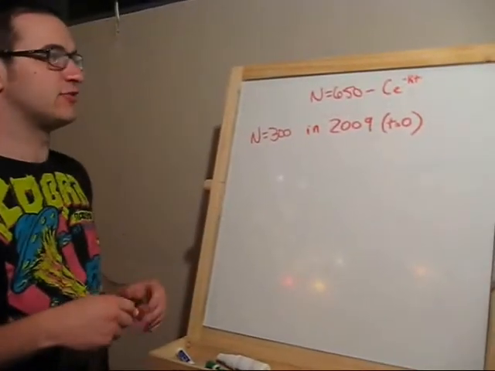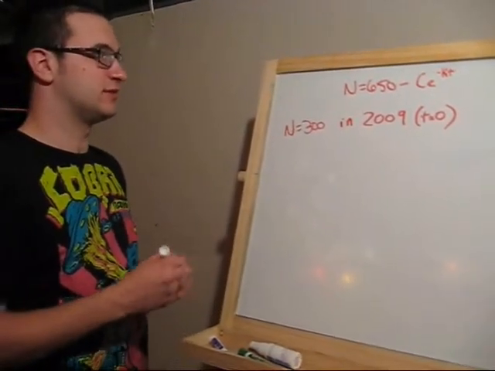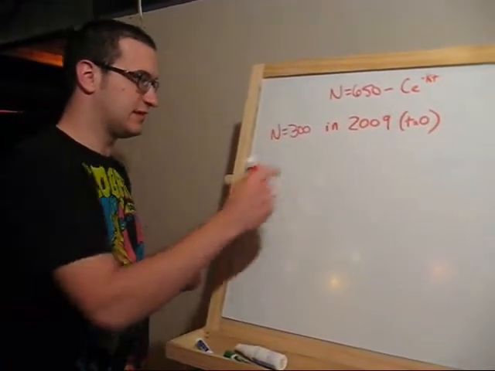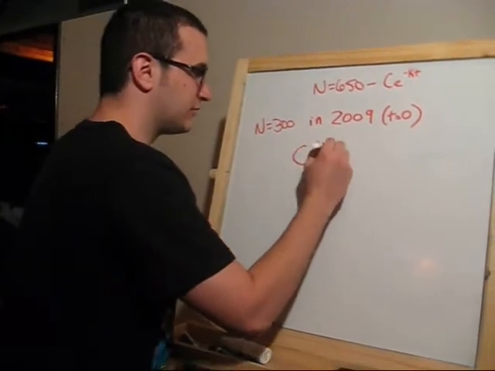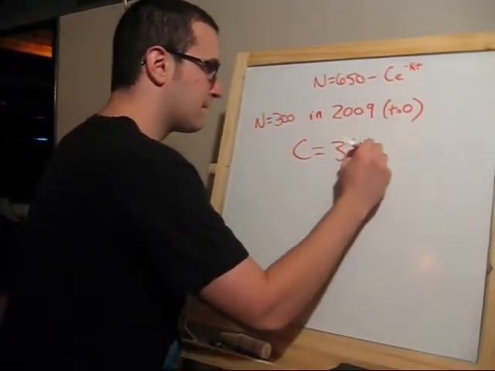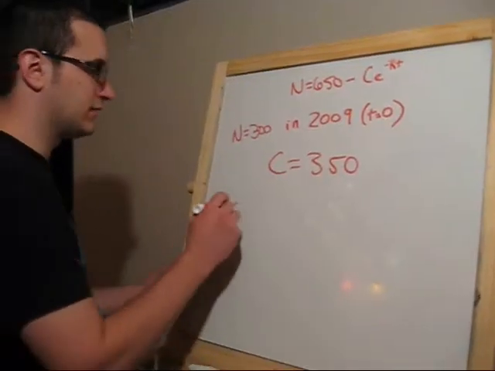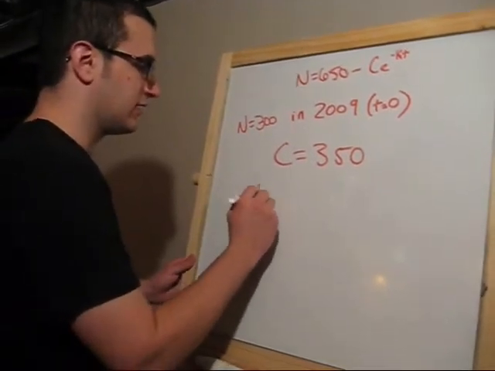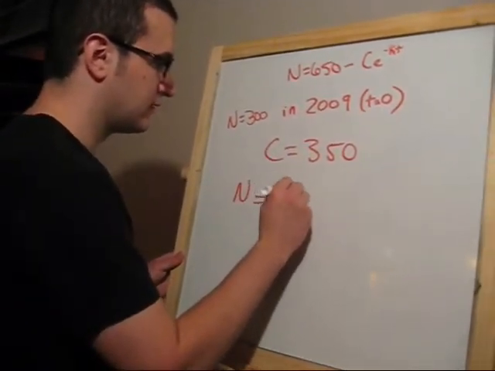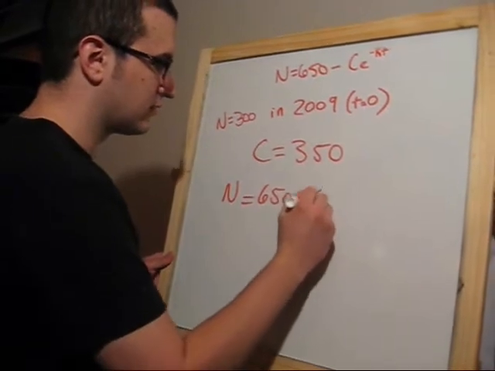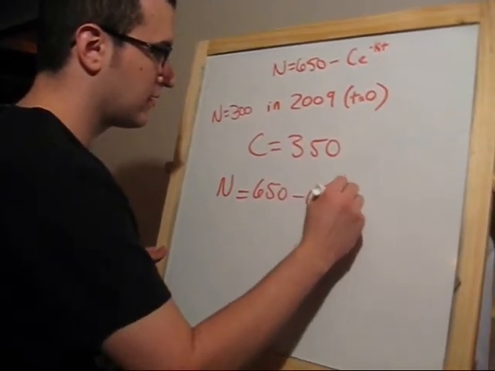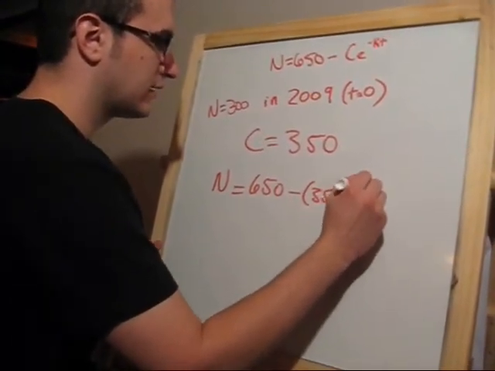Because N equals 300 in 2009, or when t equals 0, it's safe to conclude that c must equal 350. Plugging this in, we get N equals 650 minus 350 e to the negative kt.